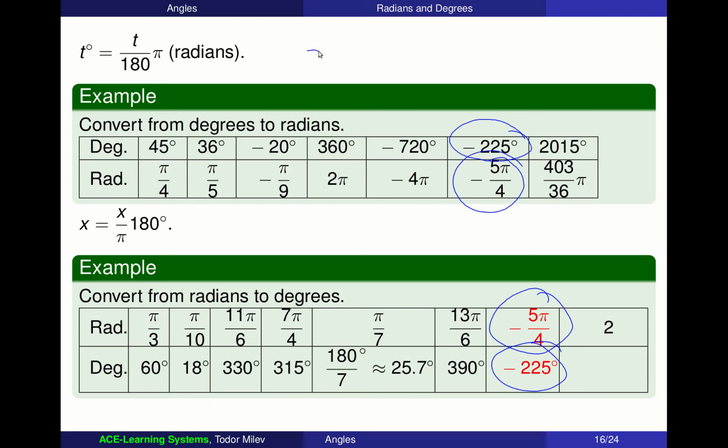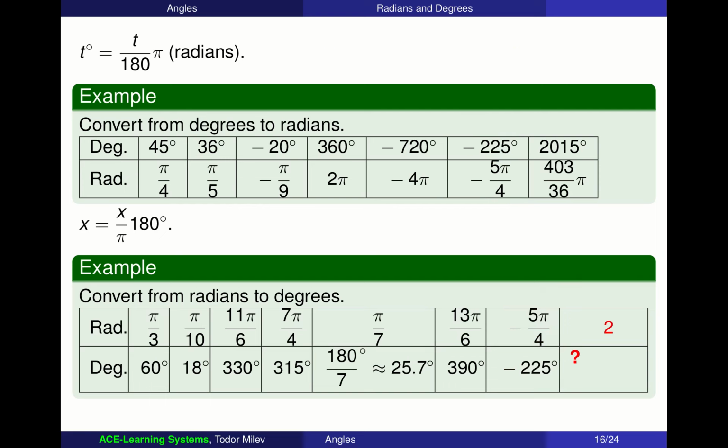How I should have done it is negative 5 pi over 4 equals negative 4 pi over 4 minus pi over 4, which is minus 180 degrees minus 45 degrees, which is minus 225 degrees. But then again, I didn't really need to do that because we already did this in the preceding example.